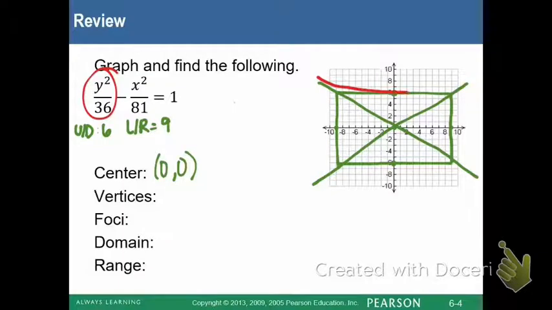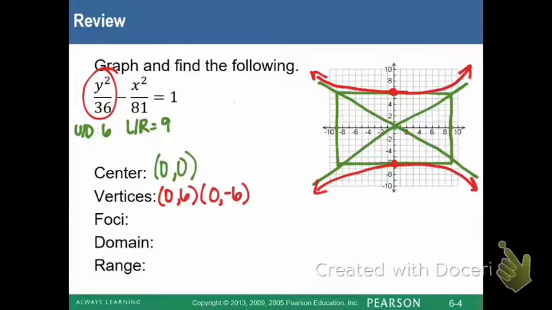So I can go ahead and draw in the hyperbola. So my vertices here, remember, are the 2 points that are actually on the graph of the hyperbola. It looks like I went up and down 6 units. So 0, 6, and 0, negative 6.